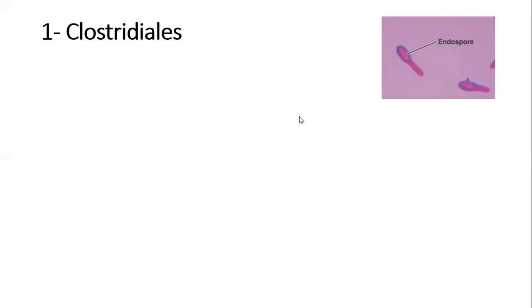Basically, there are two major groups that are capable of forming endospores. One of those groups belongs to this order Clostridiales, and the other group belongs to the order Bacillales, which is also part of the Firmicutes. So we are first discussing the order Clostridiales.